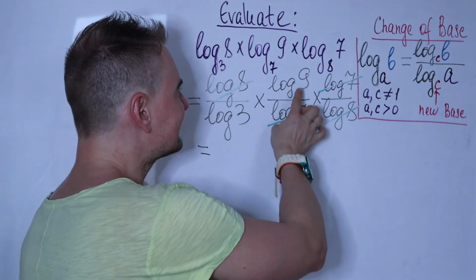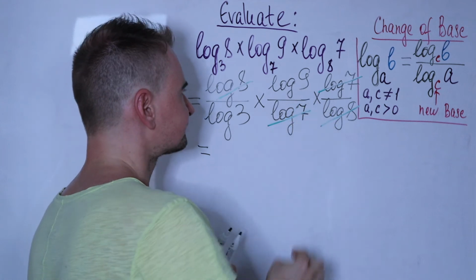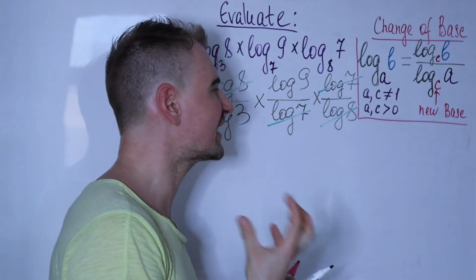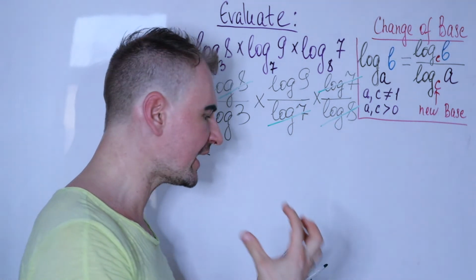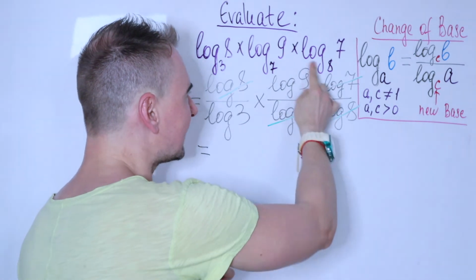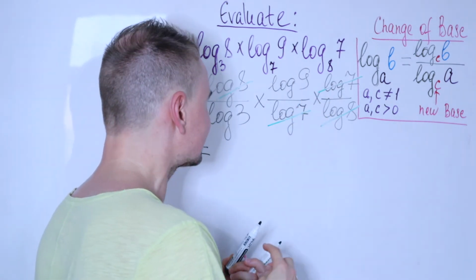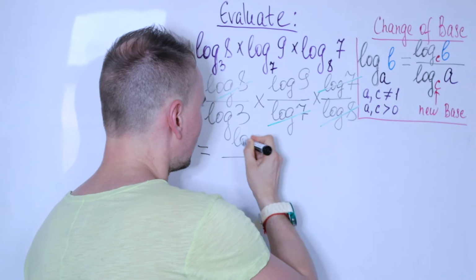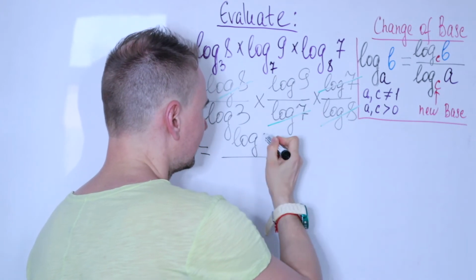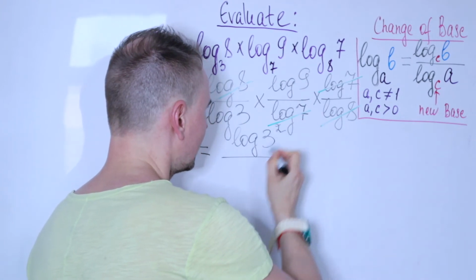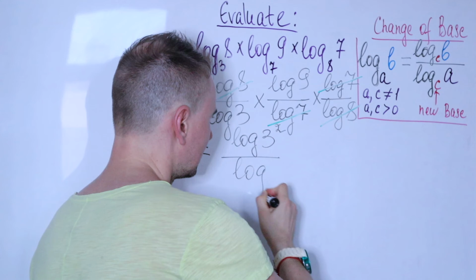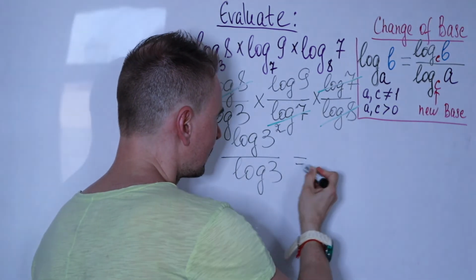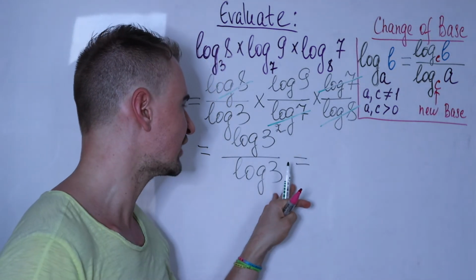Since 9 can be expressed as 3 squared, let's replace this 9 with 3 squared. So what's left over is log of 3 squared, and log of 3 on the bottom of your fraction.